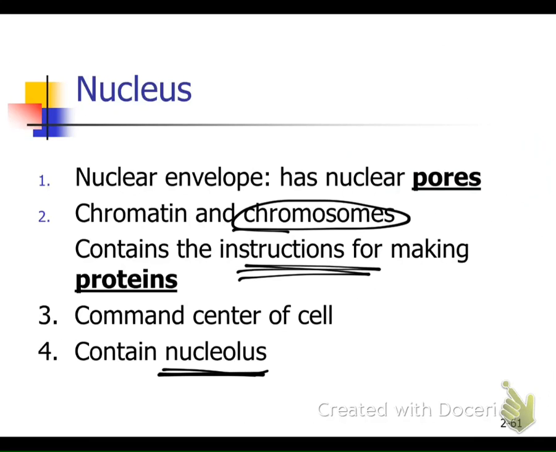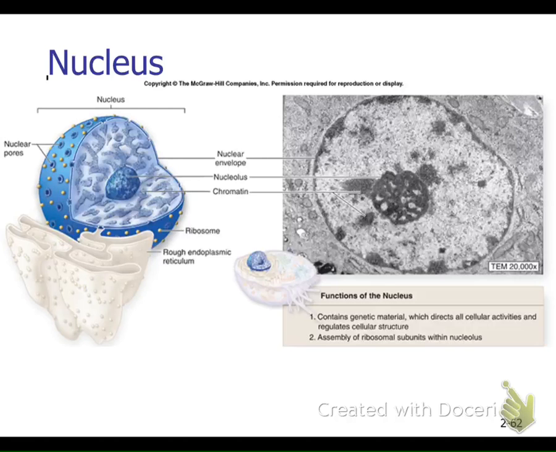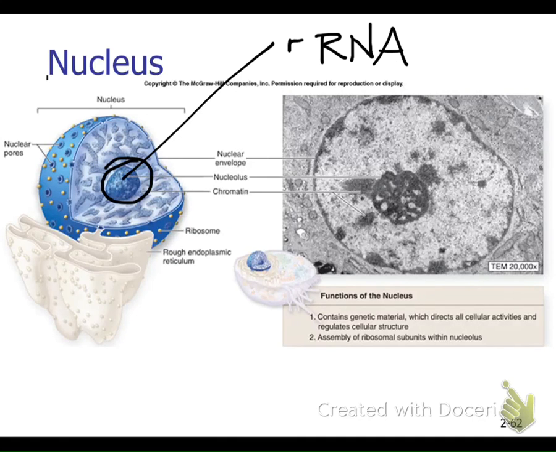Now I want to go back. What does the nucleolus do for the cell? I mentioned it in passing long ago, but what is the job of the nucleolus? Anybody remember? It said somewhere that the nucleolus was necessary for making ribosomal RNA, little r, capital RNA.